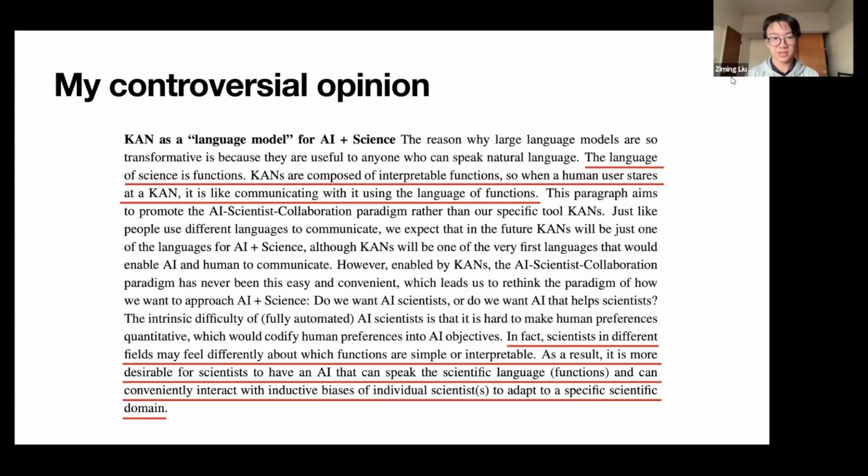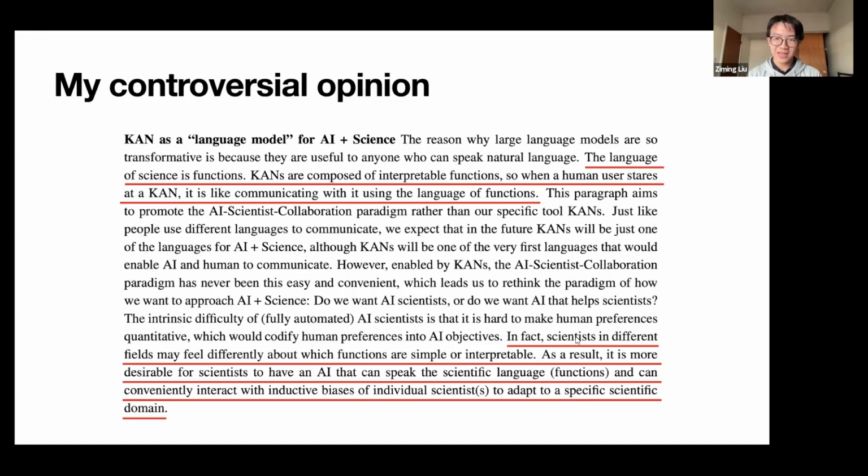The last thing I want to say is, do we want fully automated AI, or an AI that is interactive with human scientists? I would prefer the second one, because I think scientists in different fields may feel differently about which functions are simple or interpretable. As a result, we should let human scientists decide how they interpret KAN's results instead of giving them an inductive bias.